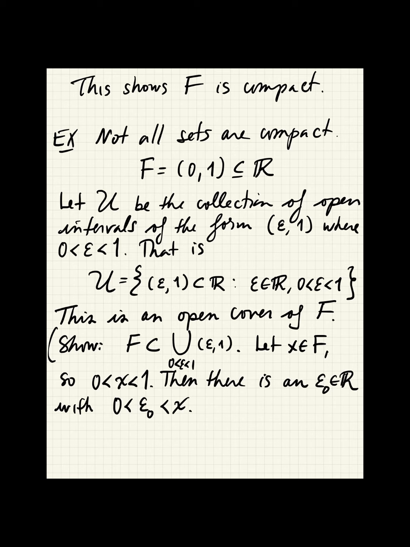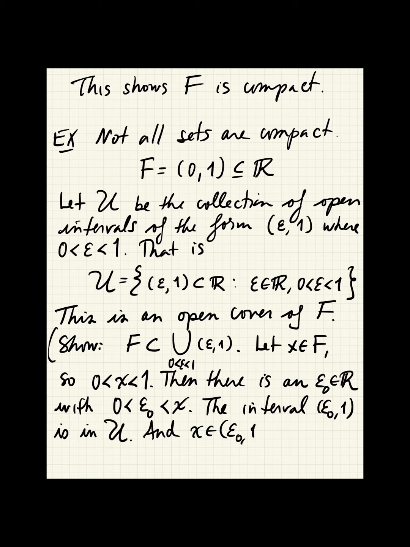The interval epsilon naught to 1 is in our collection of open intervals, and x is in the interval epsilon naught to 1. Okay? This shows our collection U is an open cover of F.